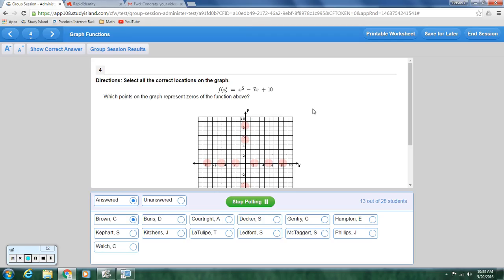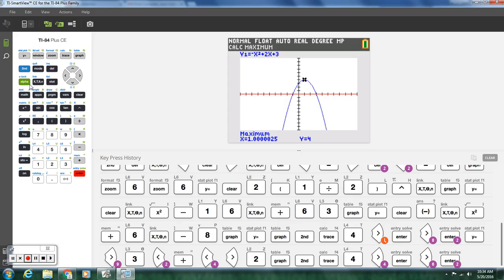Because that parabola could cross the x-axis twice. It could cross it twice, it could cross it once. X squared minus 7x plus 10.